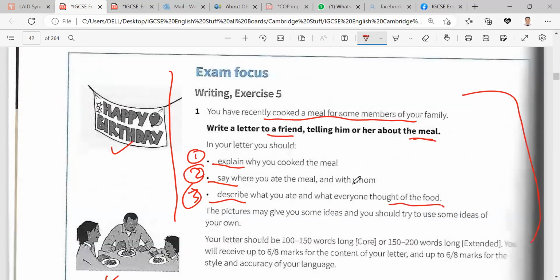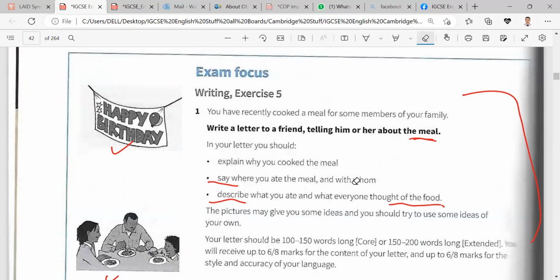Okay, so before you write, as you know, you need to write your mind map. You can write the email or the letter. Here, you should write your key ideas based on the given pictures.